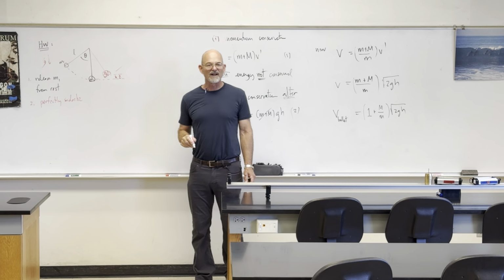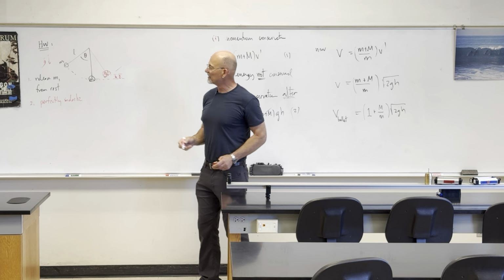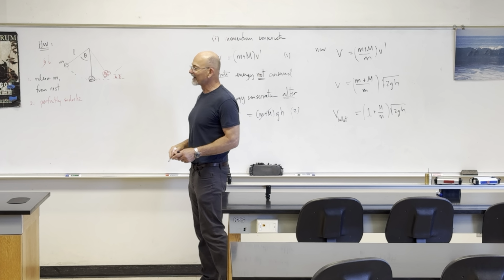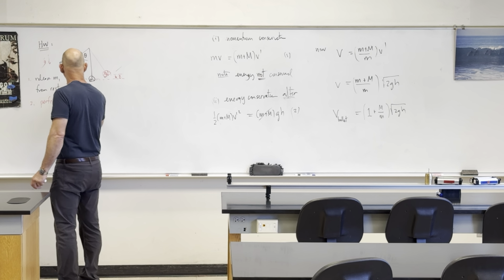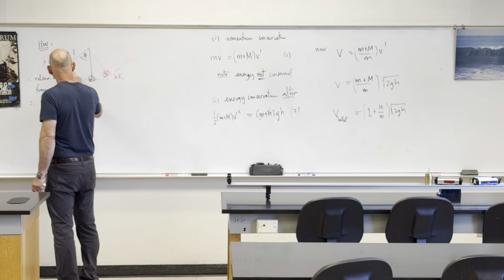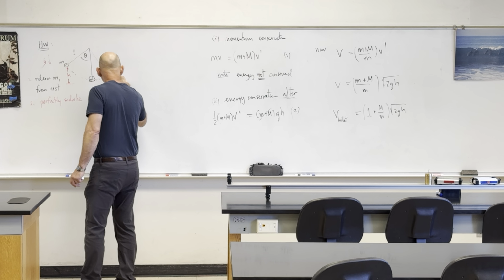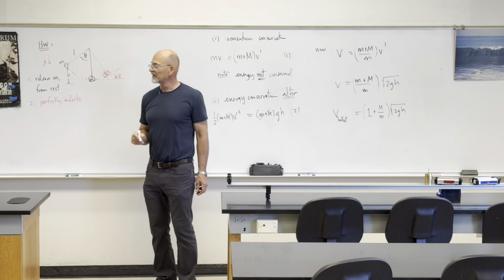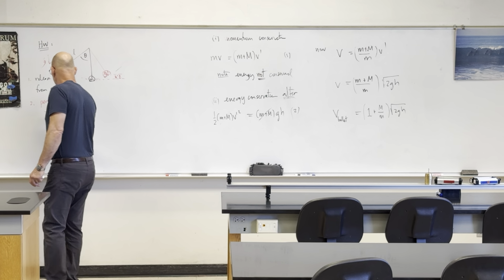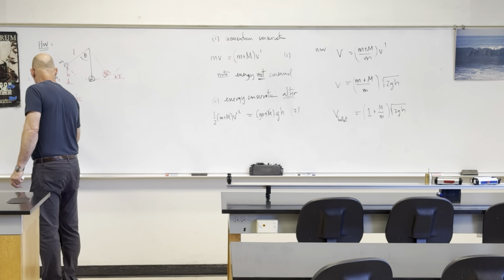Asking for the final angle is just an extra piece of trig, it doesn't really add any physics. So we could even call this H here, and we could call this H prime, and we'll say solve for H prime. Perfectly inelastic, find H prime.